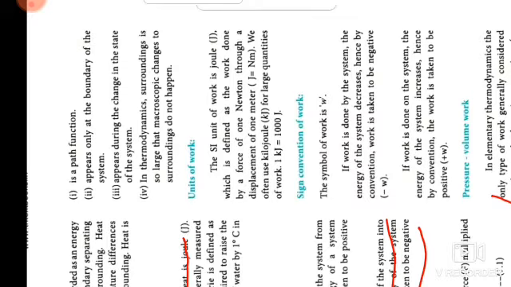When one state changes to another state, that is where it happens. Next, in thermodynamics, the surroundings are so large that macroscopic changes in the surroundings do not happen. So the surroundings are big. So the system can change from one state to the other state. In thermodynamics, the surroundings are so large that macroscopic changes, meaning heat and work, can change.